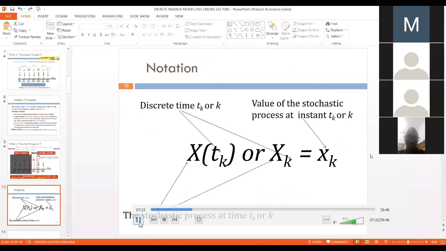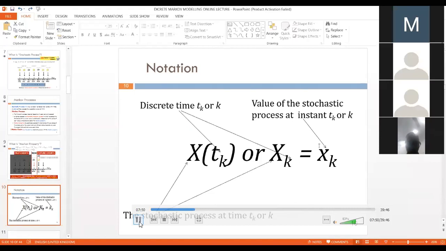Yes, sir. Okay, good. So we had the random variable at a state time or state space t, or we can also write x subscript k, meaning that the random process at a time step k has the value small x of k. Sometimes we can represent small x of k as i or j.